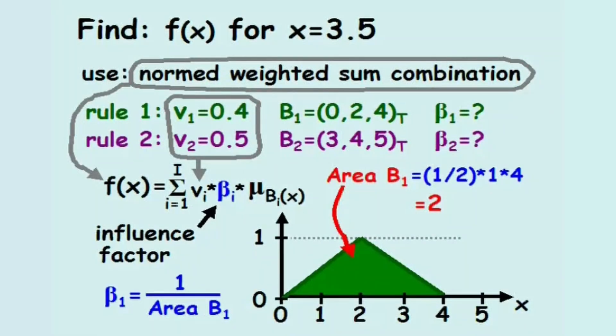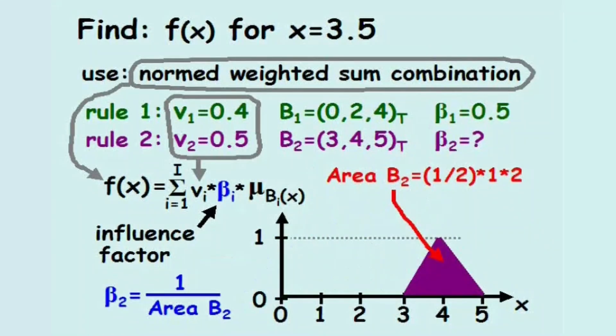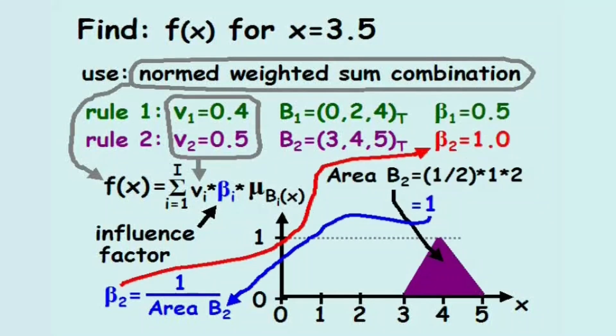Therefore, beta 1 equals 0.5. The influence factor beta 2 is computed by multiplying 1/2 times 1 times 2, which equals 1. Therefore, beta 2 equals 1.